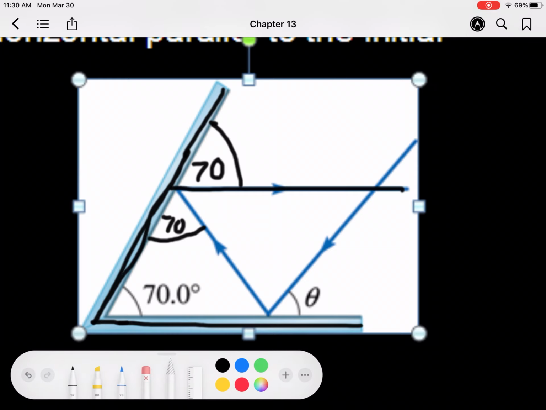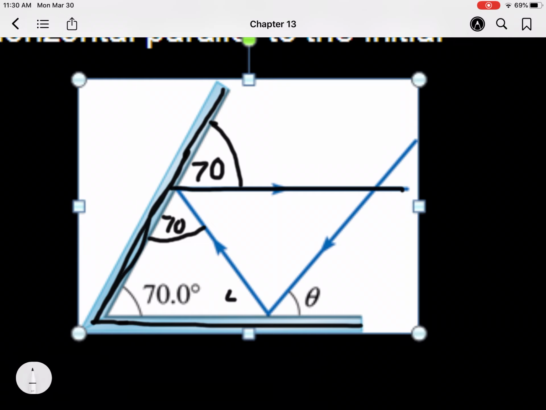Now I can continue this, and I see this is a triangle. 70 plus 70 is 140, so there's 40 left, so this must be 40, because measuring to the normal, 50 and 50, so 40.